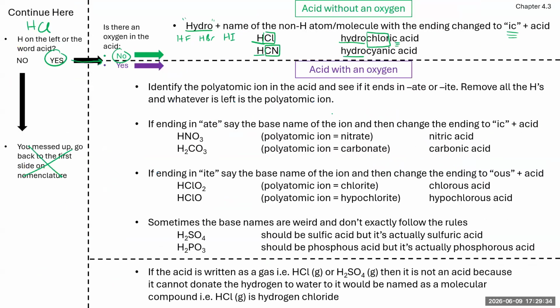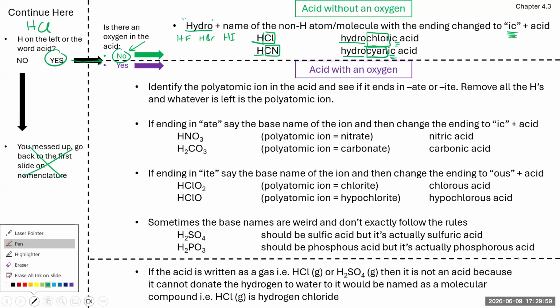So hydro, cyan, ic acid, hydrocyanic acid. We have an acid, and the key is it does not have an oxygen. If there's no oxygen, you do that top part. If there is an oxygen, we do the bottom part. Let's do that next.